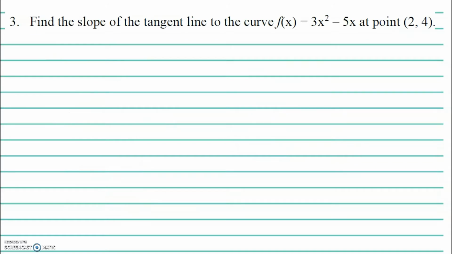Find the slope of the tangent line to the curve f of x equals 3x squared minus 5x at point (2, 4).